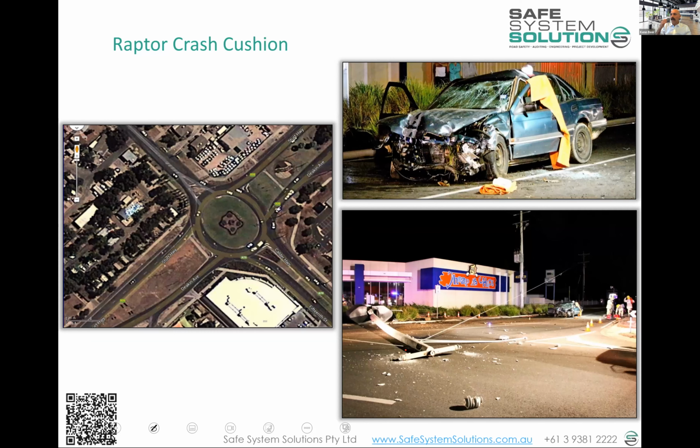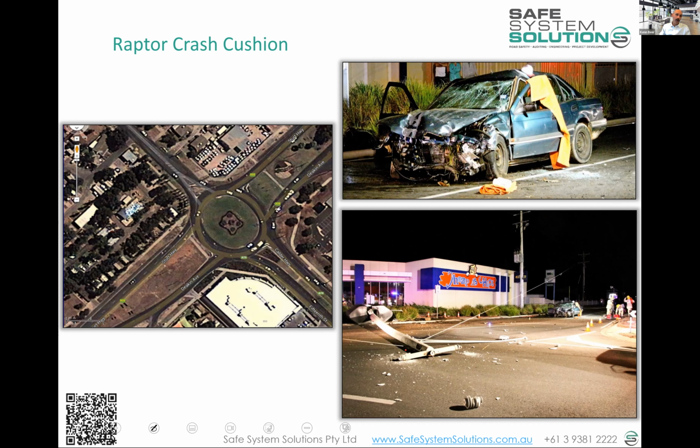Another interesting one here is, again, I'm not going to hone in on the product itself, but on the way people have been thinking. A group of young males in an old Ford, early in the morning on a weekend, crashed at some speed, so all sorts of common risk factors at play there.